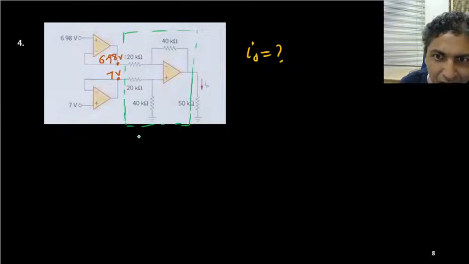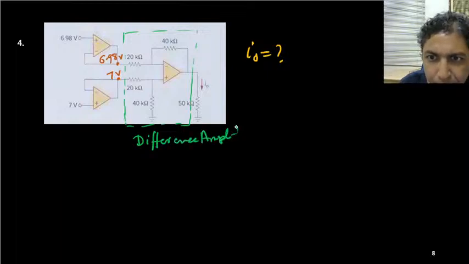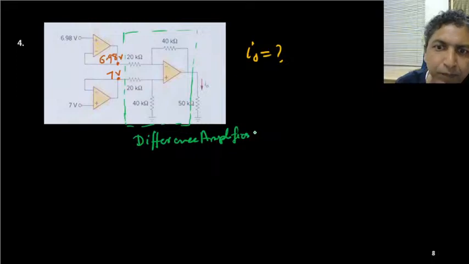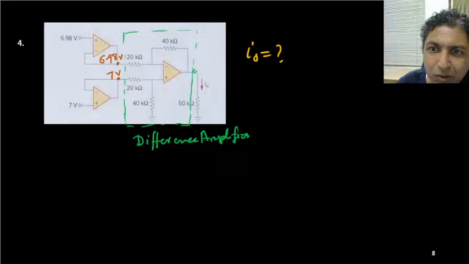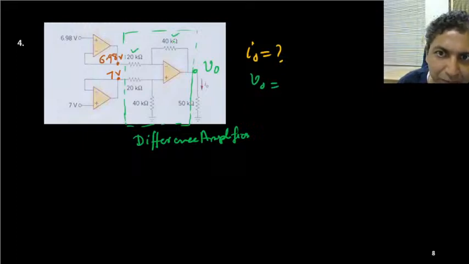So this is your difference amplifier or subtractor circuit. So what is the output? So this output V naught will be simply, so you can see that the ratios are the same, 40:20, this is also 40:20.